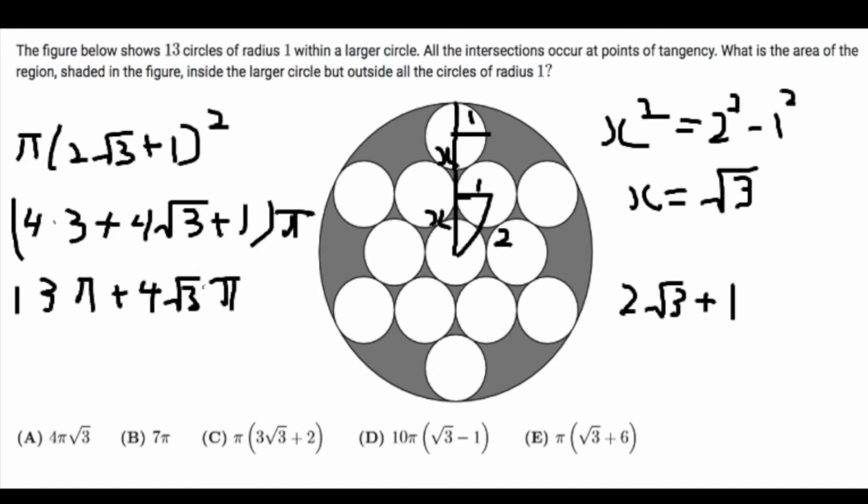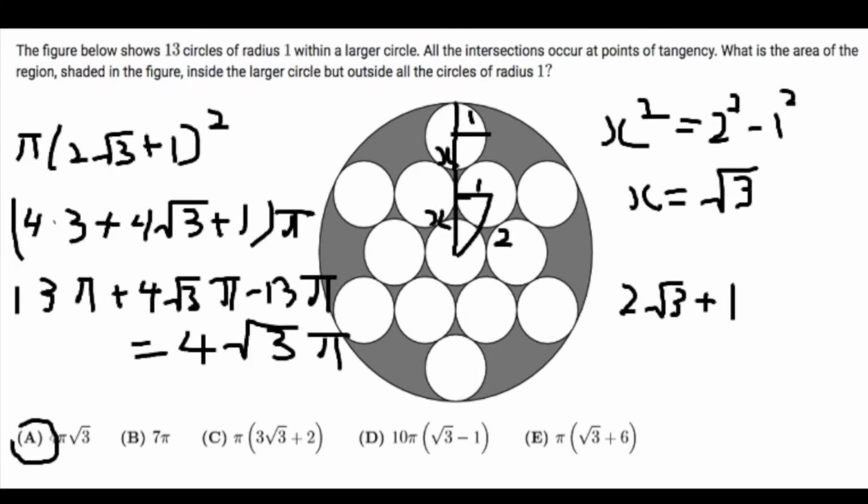So this is the area of the larger circle. The area of the smaller circles combined is going to be 13 times pi times 1 squared, which is just 13 pi. So what we get here is just going to be 4 root 3 times pi, or in other words, 4 pi root 3. The answer is A.